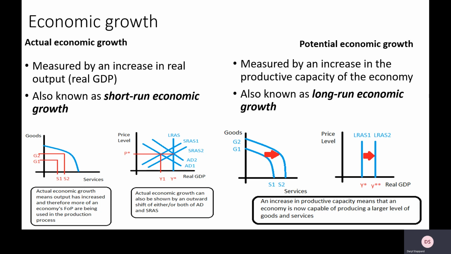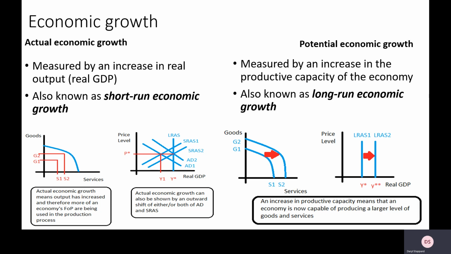There's a time lag between implementing policies to promote potential economic growth and the impact of them. So what would happen with potential economic growth is the factor endowment of the economy would increase. So the quantity and quality of land, labour, capital and enterprise would mean the economy has now got a bigger capacity to produce goods and services.